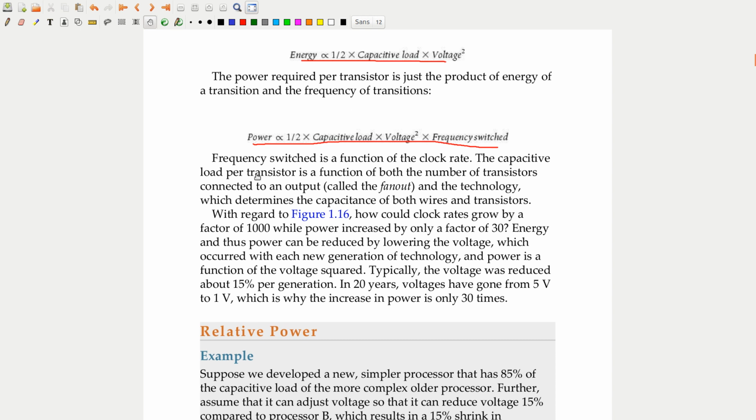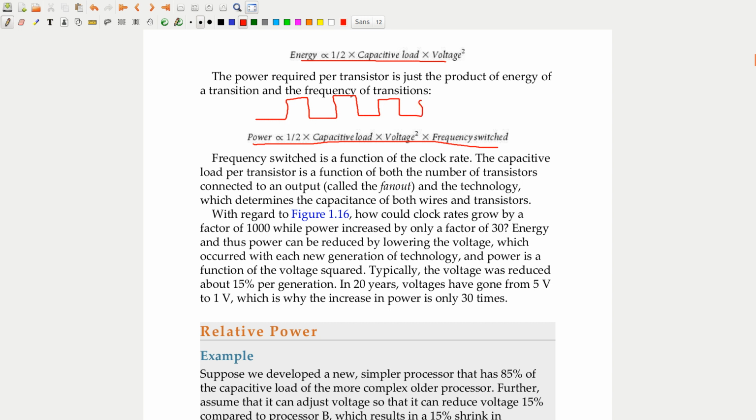So frequency switched is a function of the clock rate. The clock rate comes in, and if you don't know what a clock is, clocks are what drive everything in the system. Every action happens on a clock edge in digital electronics.